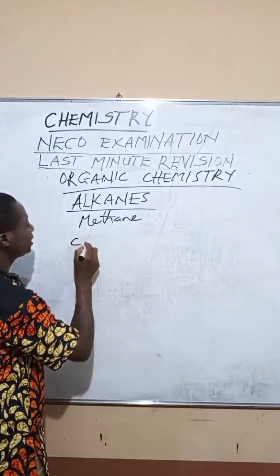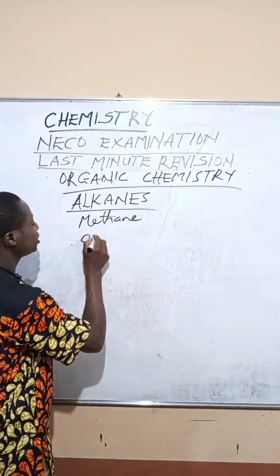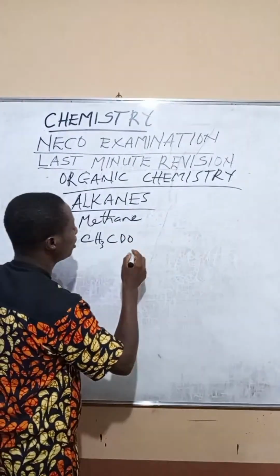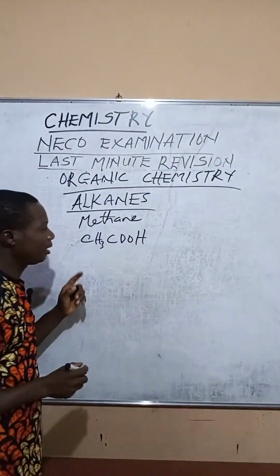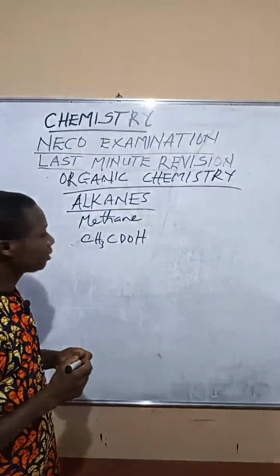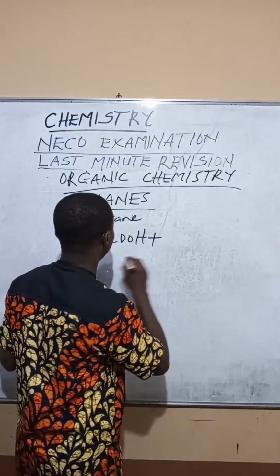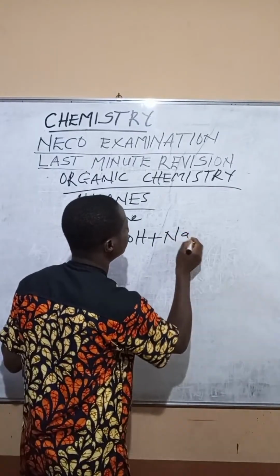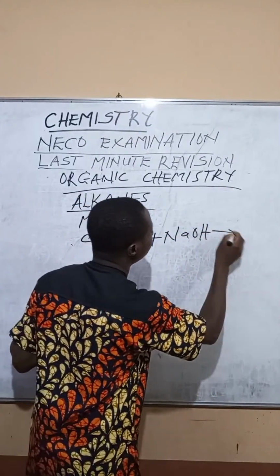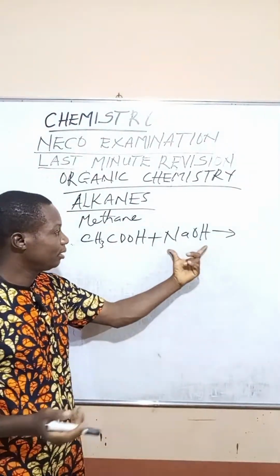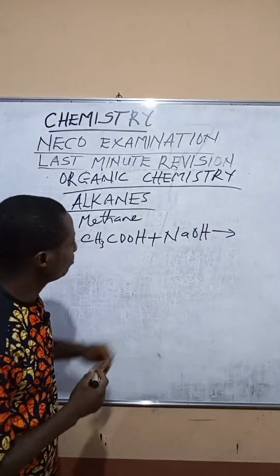Look at this ethanoic acid, CH3COOH. This is sodium ethanoate. Let's check whether sodium ethanoate plus soda lime. There is soda lime. This is sodium ethanoate.